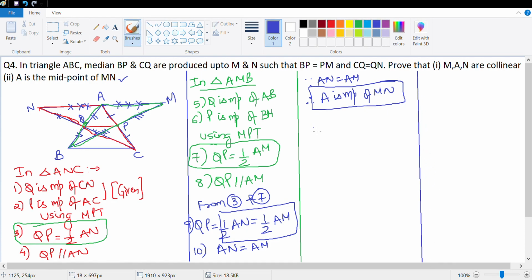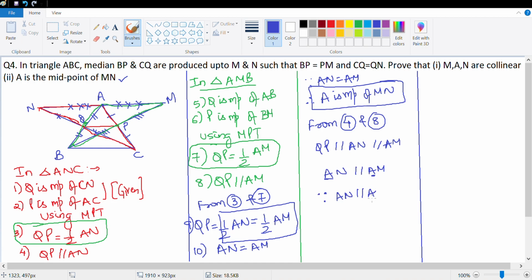What I have got from number 4 and number 8 is that QP is parallel to AN and QP is also parallel to AM, which means AN is parallel to AM, but they have a common point. So since AN is parallel to AM and they share a common point, which means two lines, if they are parallel, they cannot intersect, but in this case they have a common point, which means this is a straight line.